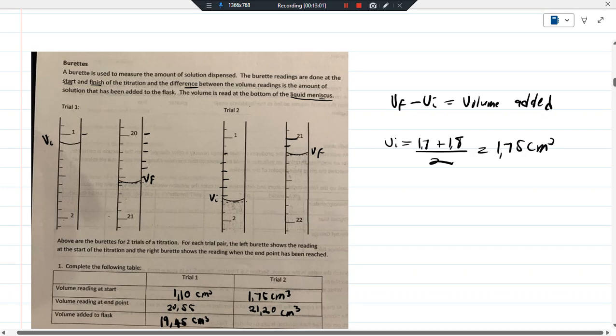The volume that is added is V final minus V initial. So it's going to be 21.2 minus 1.75, which is 19.45 cubic centimeters. So that's how you read a burette.